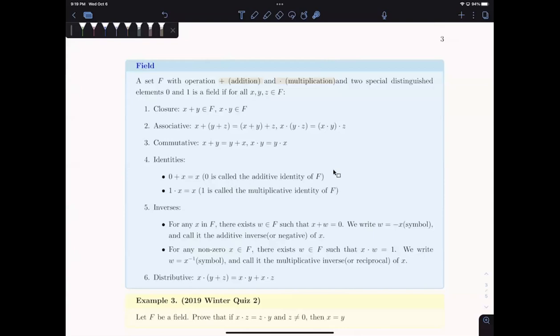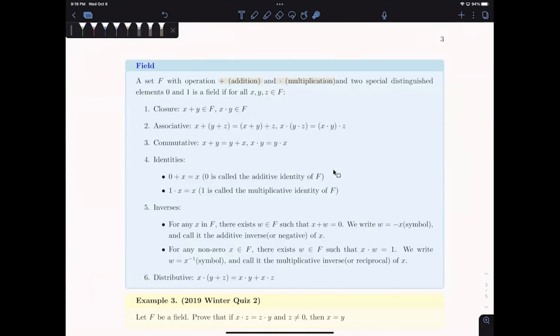In this course, mostly we're just talking about number fields, which means you only have numbers in there. So most likely you'll see 0 and 1 being your additive identity and multiplicative identity.